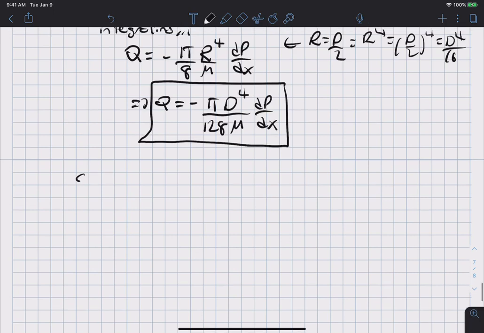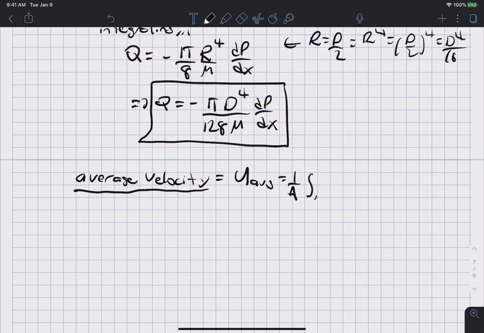And now for the average velocity. The reason I'm doing this will become apparent in another video or two. I'll just call that U average. That is equal to 1 over the area times the integral of v dot n hat dA, and that just equals Q over the area.